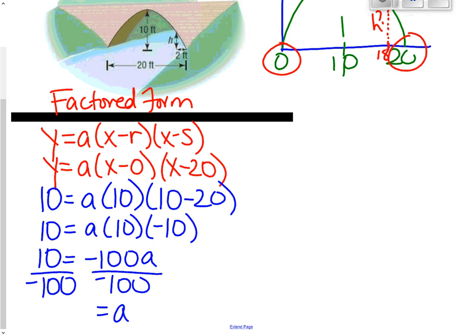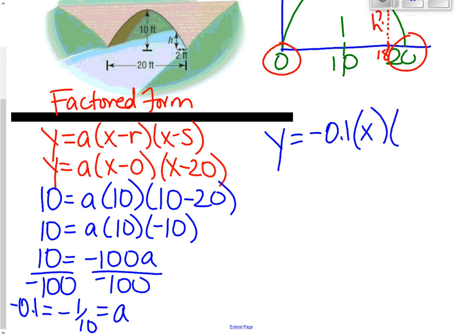You could write that as -1/10. You could also write it as -0.1. It's all the same. But that gives us an equation, which is what we want. So I'm going to call this -0.1 times x minus 0, so I'll just leave it as x, and then x minus 20.